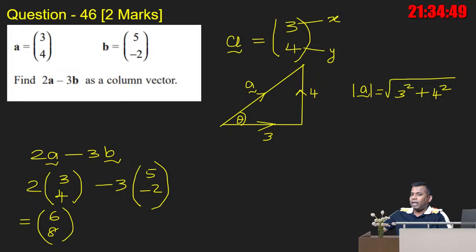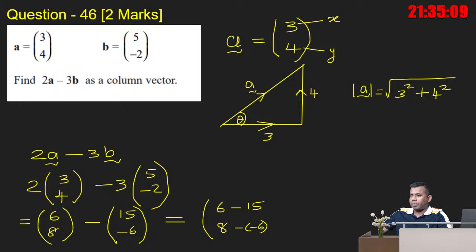Minus 3 times 5 is 15, and 3 times minus 2 is minus 6. Now I'm going to do the arithmetic: 6 minus 15 and 8 minus minus 6, right? So the answer is 6 minus 15 is minus 9, and 8 plus 6 is 14. That is the answer for question number 46.